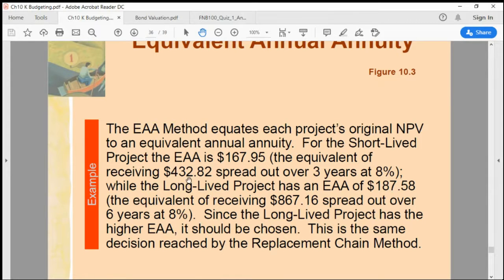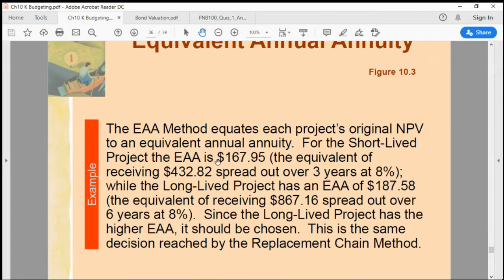So this is the present value of the annuity of the 3-year project. This is the present value of the annuity of the 6-year project. Okay, and then the question is, what annuity payment would result in this present value?